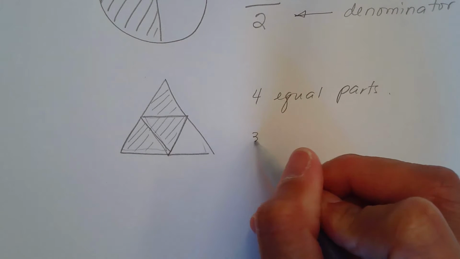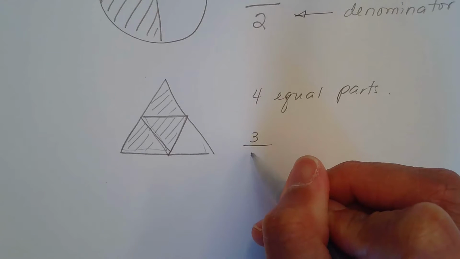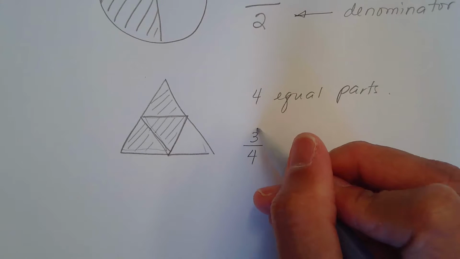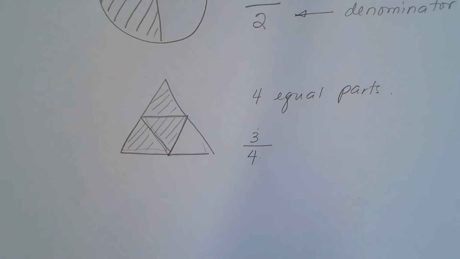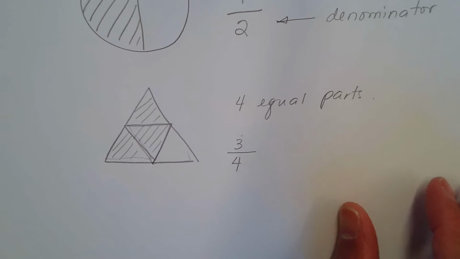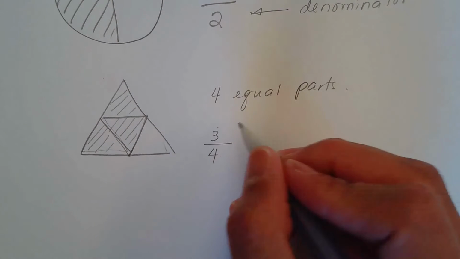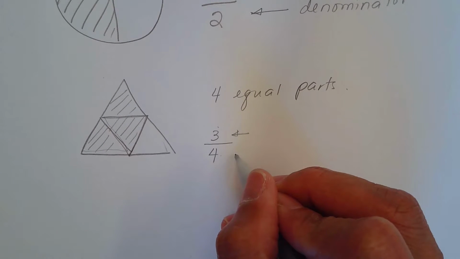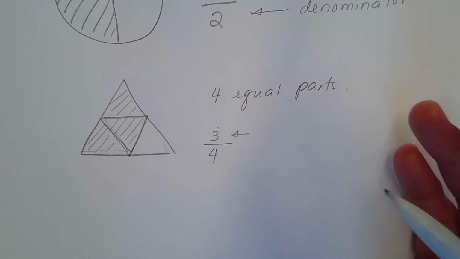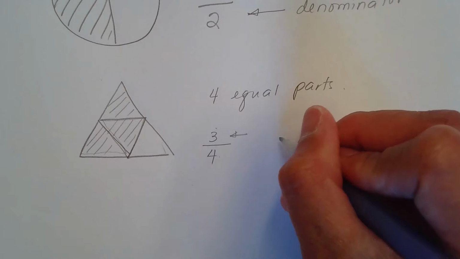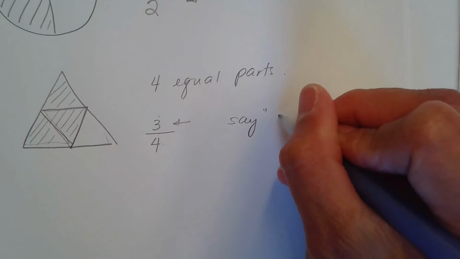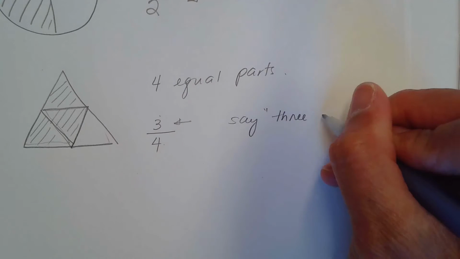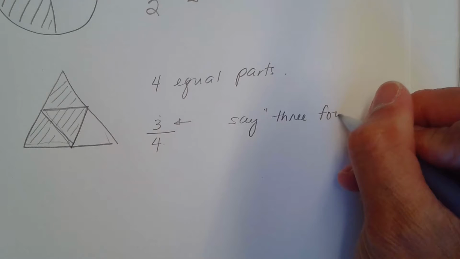It's going to be 3 over 4, or 3/4 of this whole thing is shaded. So 3 are shaded out of the 4 parts. You would say 3/4.